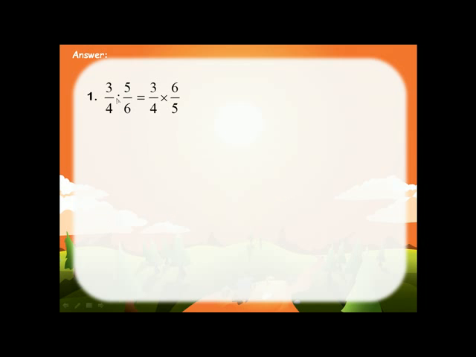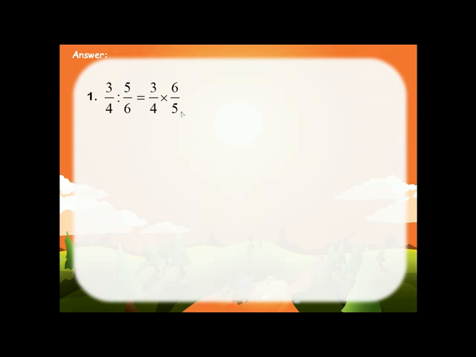Look here, we have the division 3/4 divided by 5/6. We can change the operation to multiplication by reversing the divider. The divider is 5/6, so the reverse is 6/5.